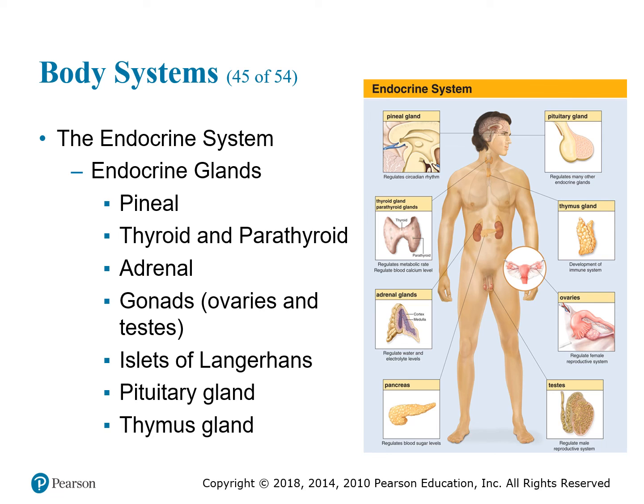So the hormones for the gonads, for the ovaries, are estrogen and progesterone, and for the testes is testosterone.